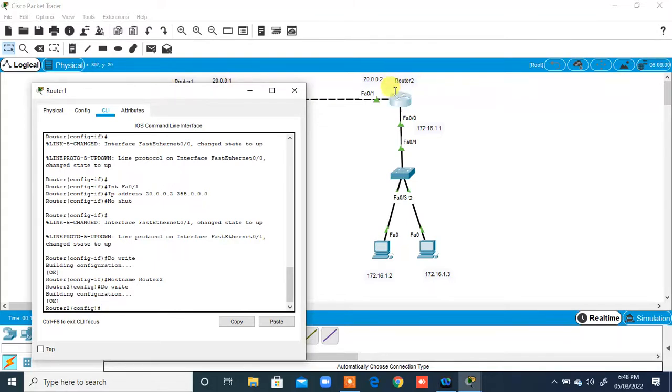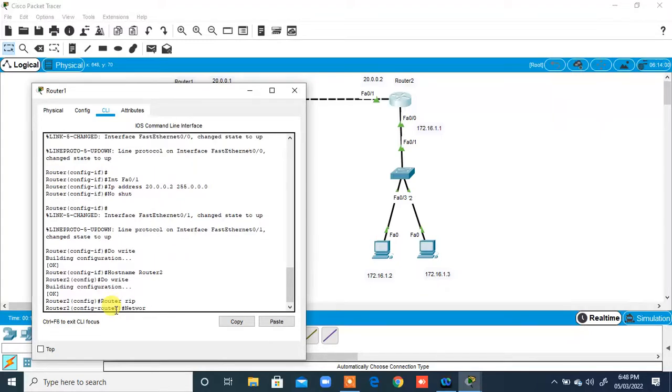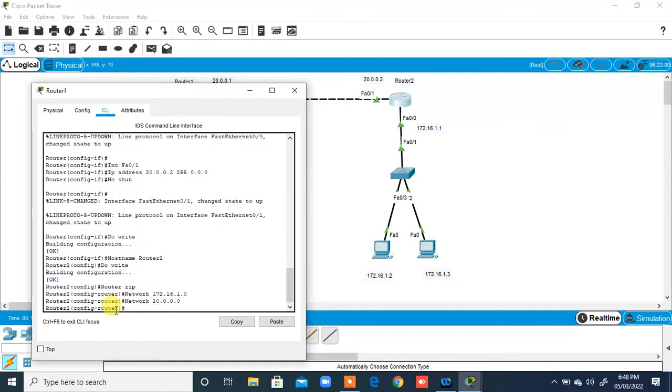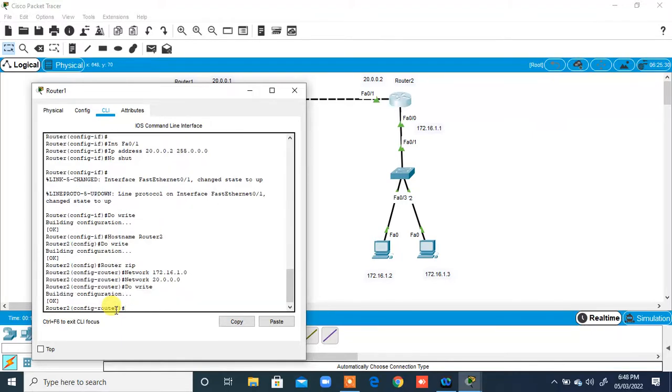We are going to advertise our network on router 2 also: router rip, and with the network command, network 172.16.1.0. Same thing for the other interface, network 20.0.0.0. So I have advertised my network on both sides, and I have saved the configuration also.